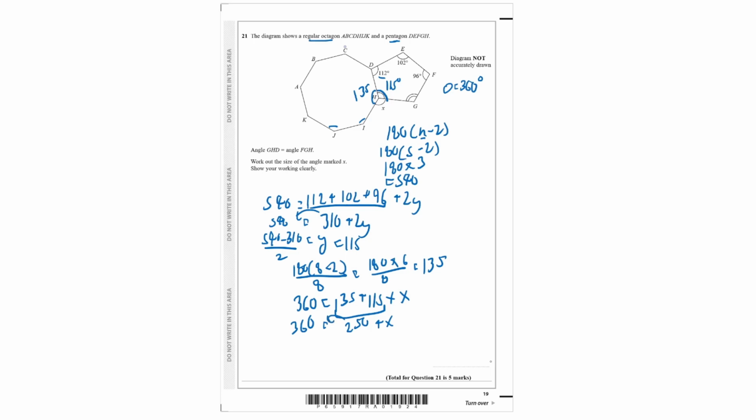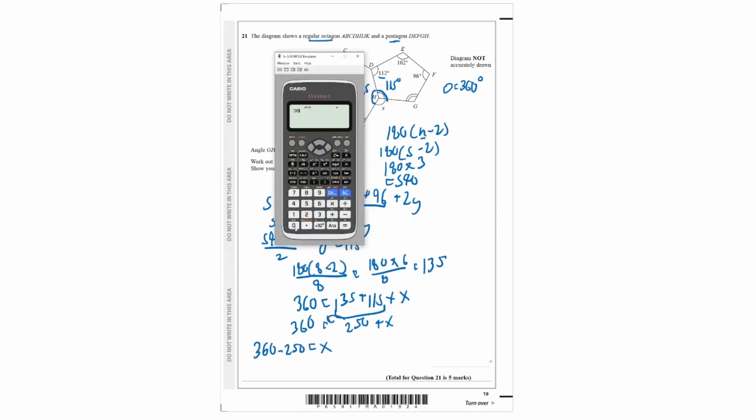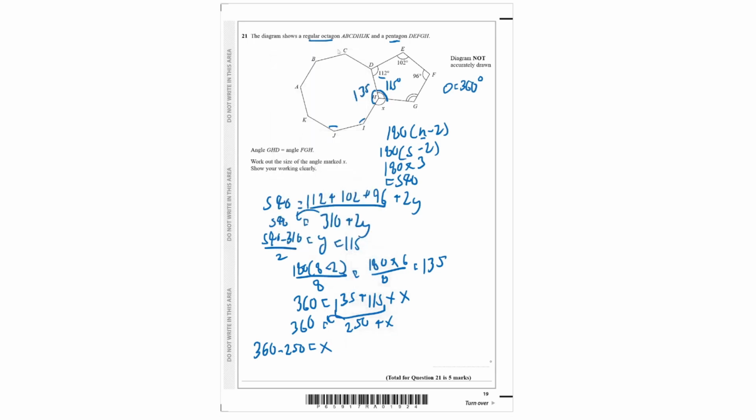We can bring this to the other side and we have 360 minus 250 is equal to x. So we can use our calculator one last time. We have 360 minus 250 gives us 110 degrees. So x is 110 degrees.